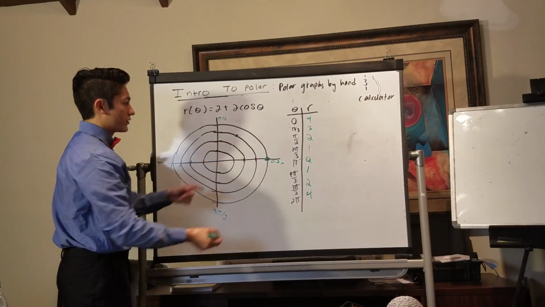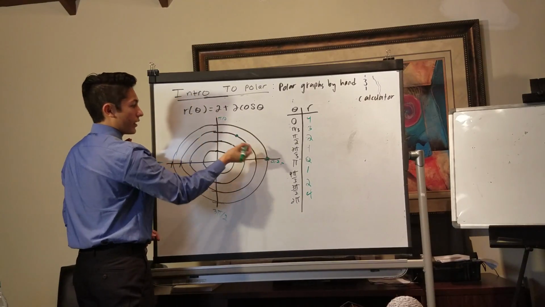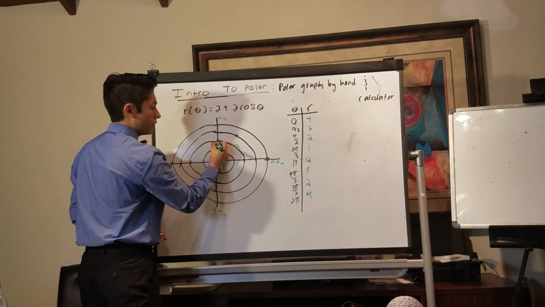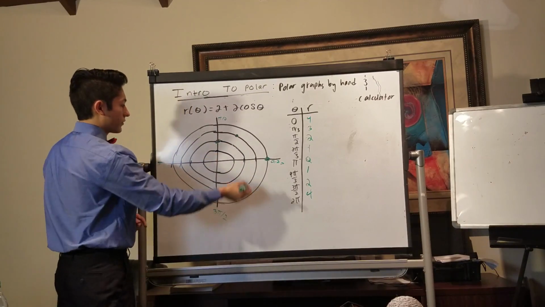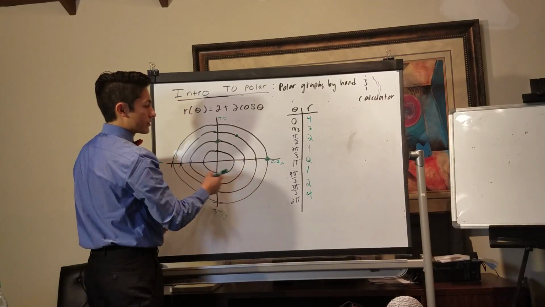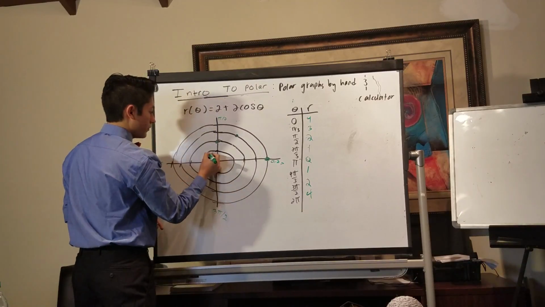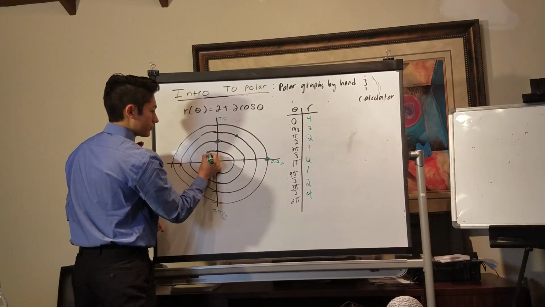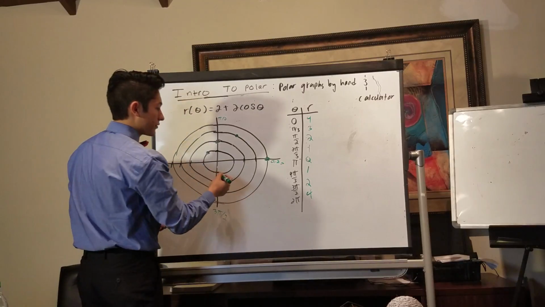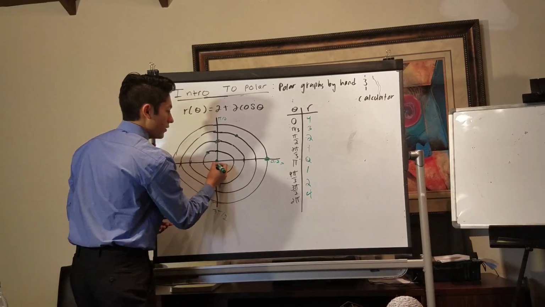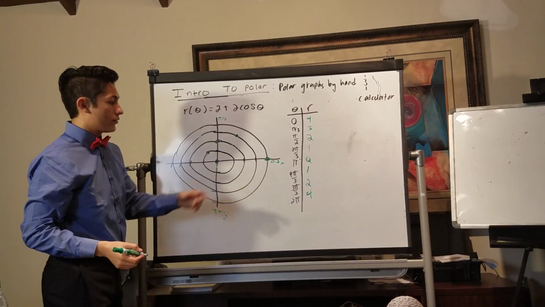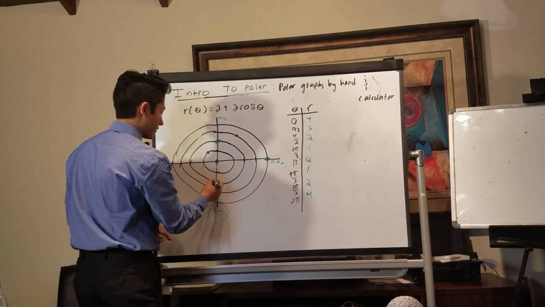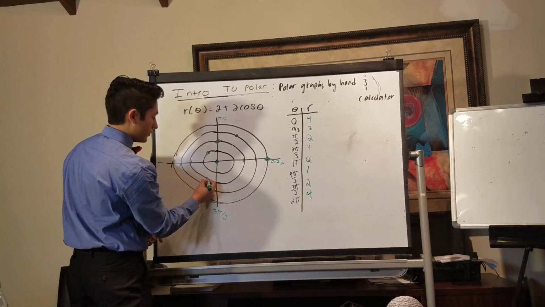Okay. Pi over 2. This angle right here. And radius is going to be 2. 2 pi over 3, so around here, our radius is going to be 1. And at pi, our radius is going to be 0. Now, at 4 pi over 3, our radius is going to go back to 1, around here.